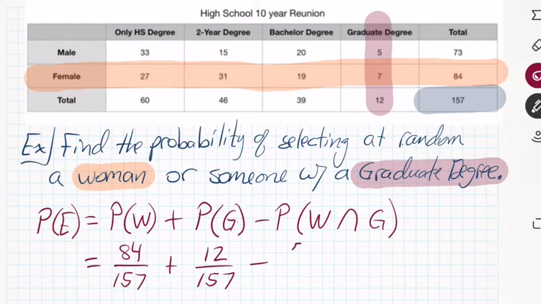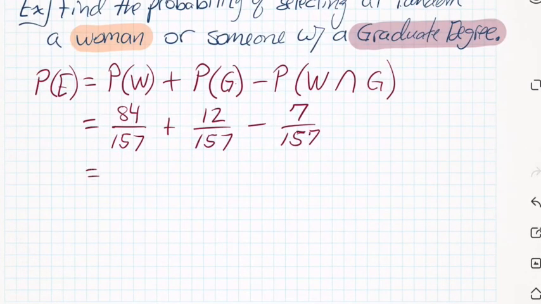So there are 7 of them in the overlap out of 157. Okay, so we just need to calculate 84 and 12, that's 96. Minus 7 would bring me down to 89 out of 157.